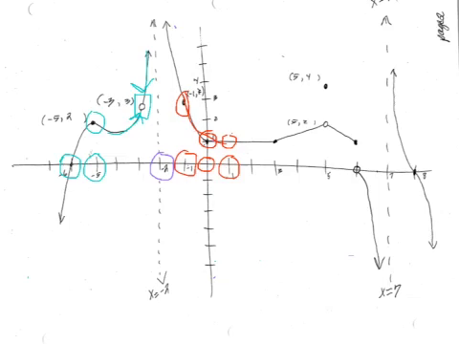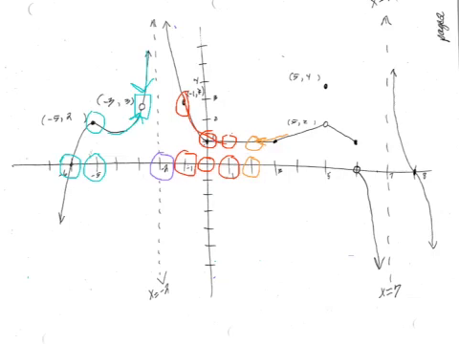Let's do the limit as x approaches 2 from the positive side. At the x value 2, which is right here, if we approach it from the positive side, we also have a y value at 1. So the limit as x approaches 2 from the positive side is 1.